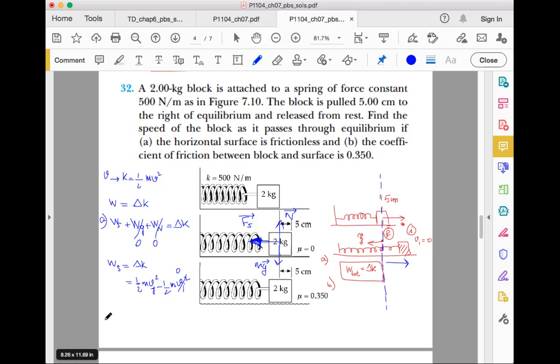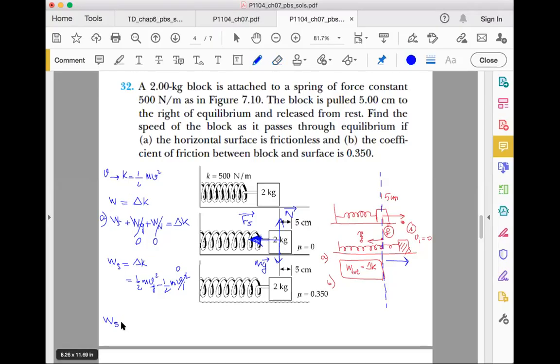So we only need now to evaluate Ws. Ws is the work done by the spring force, and we have seen in the course that the work done by the spring force is equal to half k x initial squared minus half k x final squared.